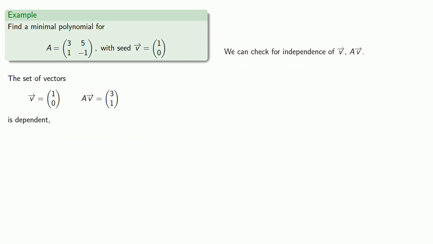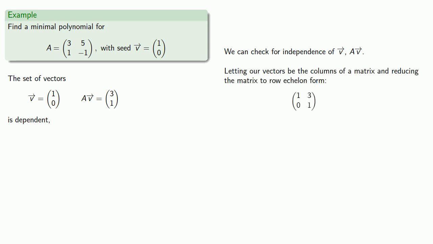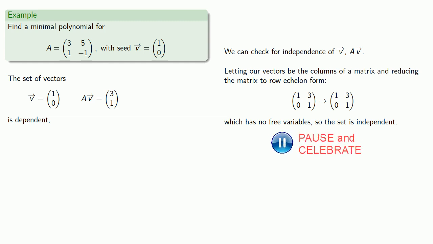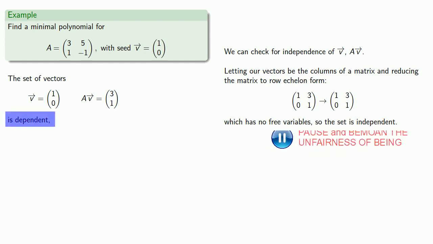And so we can check for the independence of the set of vectors v, Av. Letting our vectors be the columns of a matrix and reducing the matrix to row echelon form gives us... Okay, that's not too exciting, but the important thing here is that we have no free variables, and so we know that our set of vectors is independent. No, we wanted the set to be dependent.